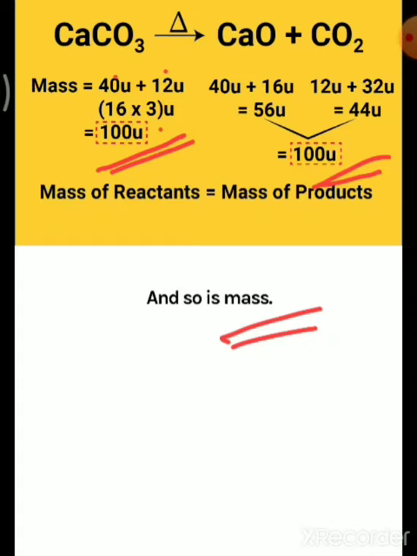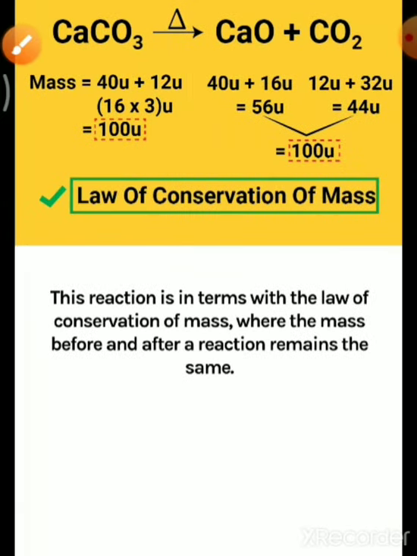So here you can see that the mass of your reactants and the mass of your products is equal. Okay, so if the mass of the reactant side and product side are equal, that follows the law of conservation of mass.